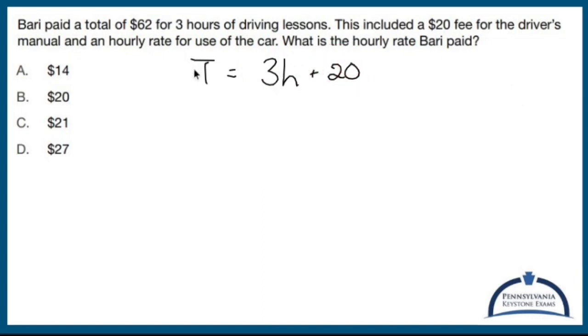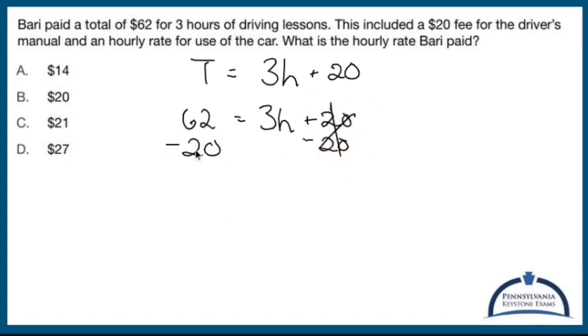Okay, so the T here, the total that he paid, is $62. That's going to equal 3 hours plus 20. Subtract 20, subtract 20. That gets me $42. So if he already had a manual, he would spend $42 for 3 hours of driving.